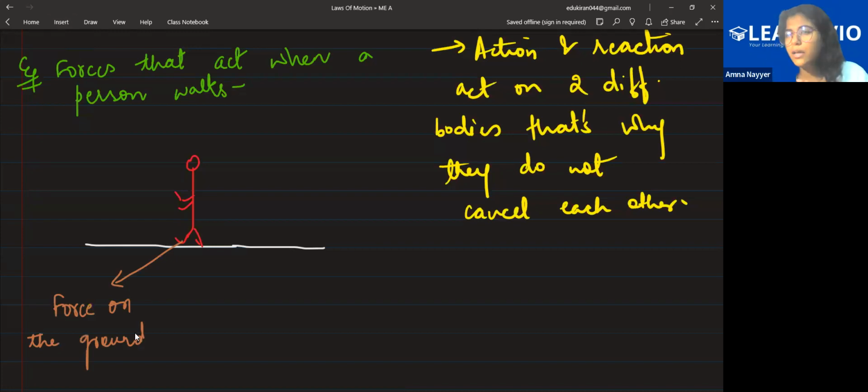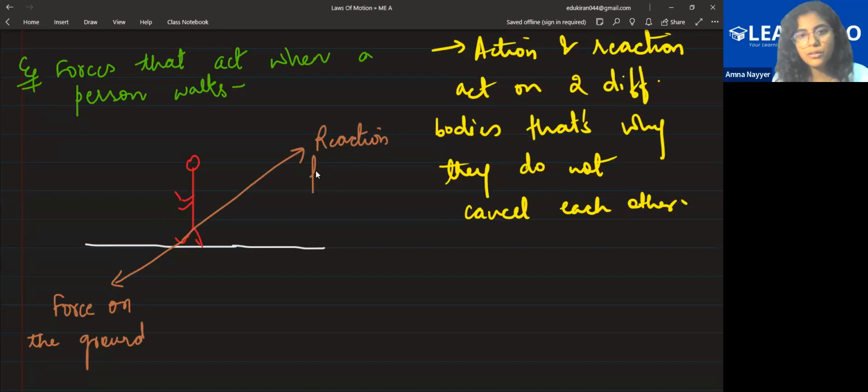Now, according to Newton's third law, if there is a force exerted on the ground, an equal and opposite force will be exerted, exactly equal and opposite. So we get a force backwards. Which force is this? This is the reaction force of the ground.